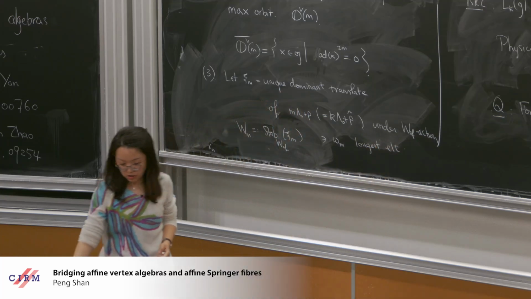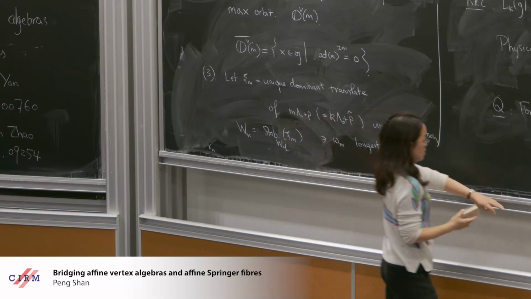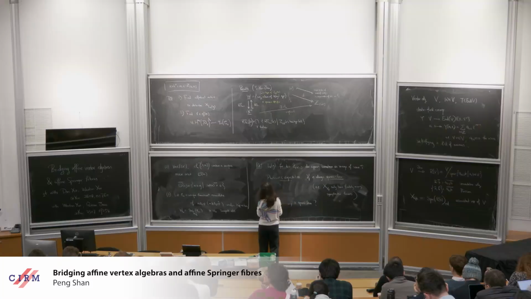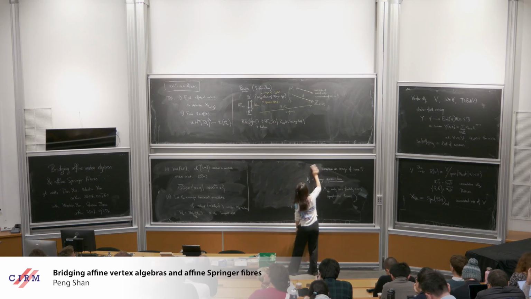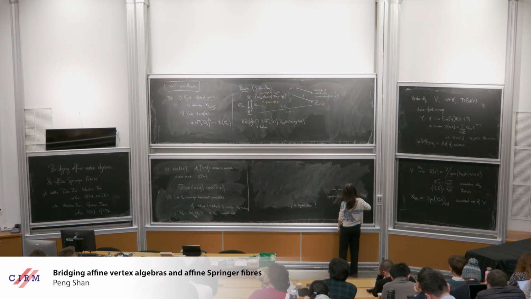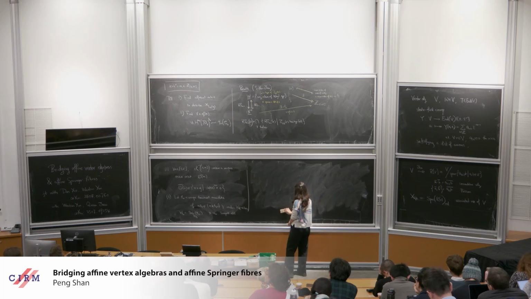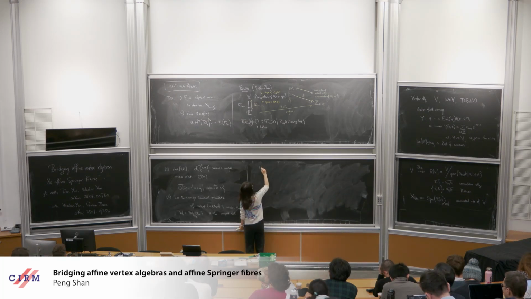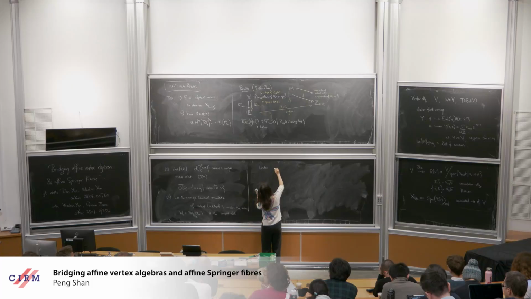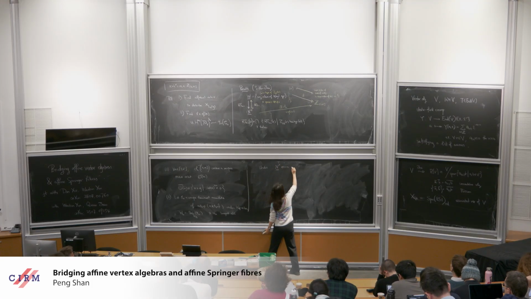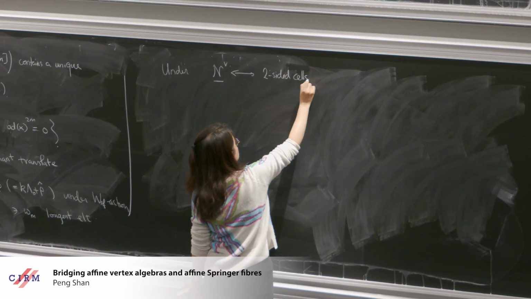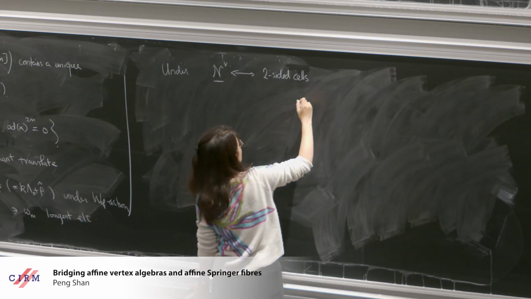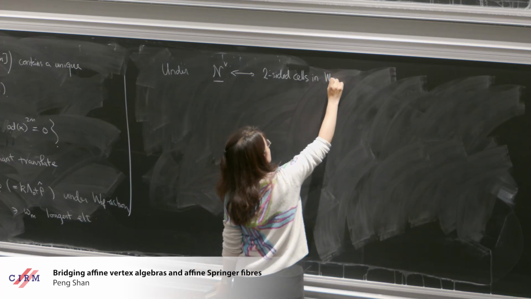And then we show that this orbit is the one that corresponds to the two-sided cell of this element under Lusztig's bijection, the bijection between nilpotent orbits and two-sided cells in W affine.